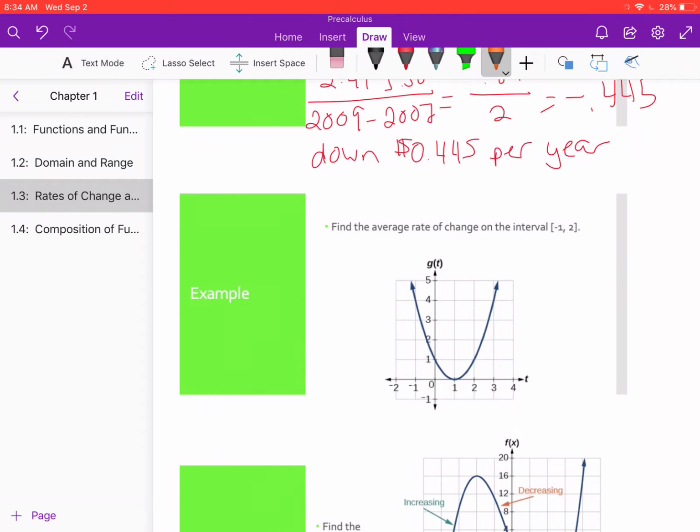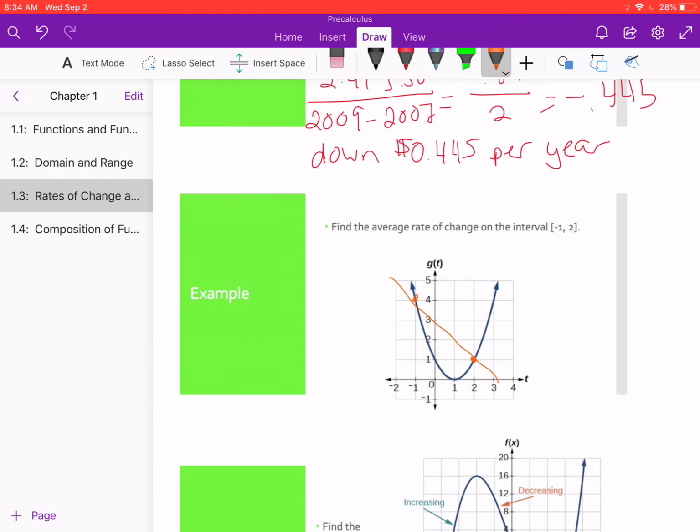All right, let's find the average rate of change on the interval from -1 to 2. We're using -1, so we find the point, which is right here, and 2, find the point, which is right here. So we're finding the slope between those 2 points.